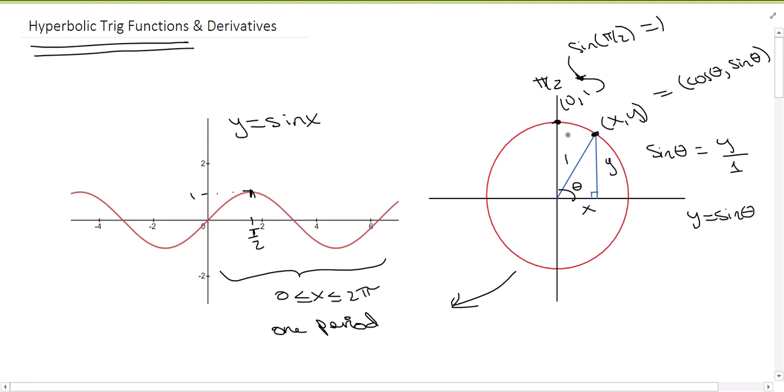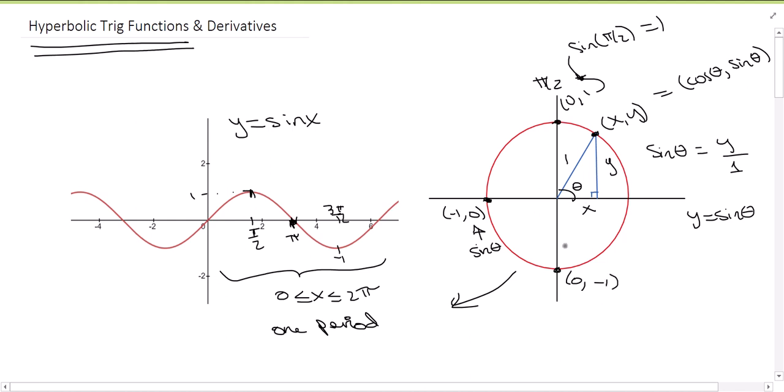As you go along the unit circle, here the point is (-1, 0), so sine is 0. So over here at pi, you end up with 0 again, and so on. At 3 pi over 2, the y coordinate is -1.